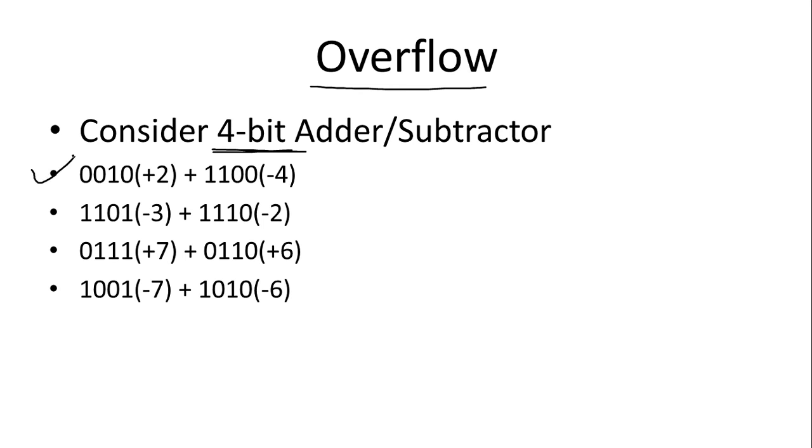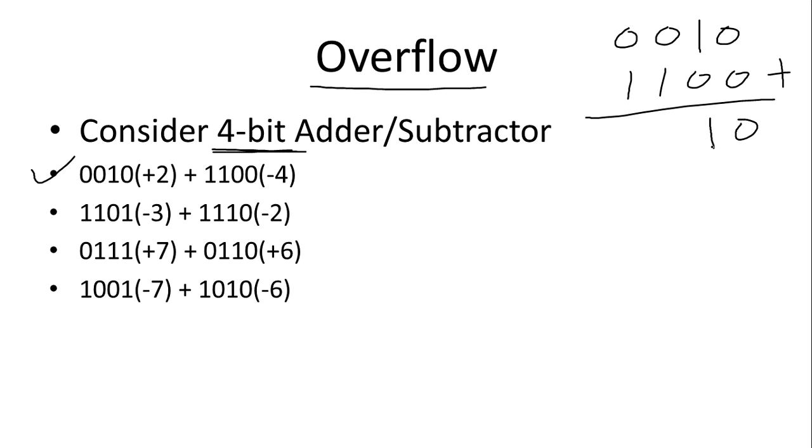Let's say the first one is +2 - 4. If I perform the addition, plus 2 is 0010, and minus 4 is 1100. If I add them, the answer is 1110. So it should be equal to minus 2, and 1110 is actually equal to minus 2.